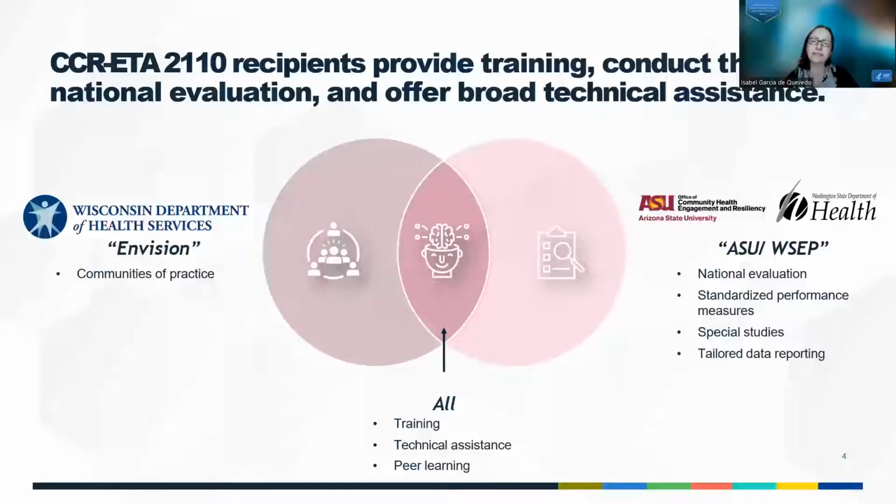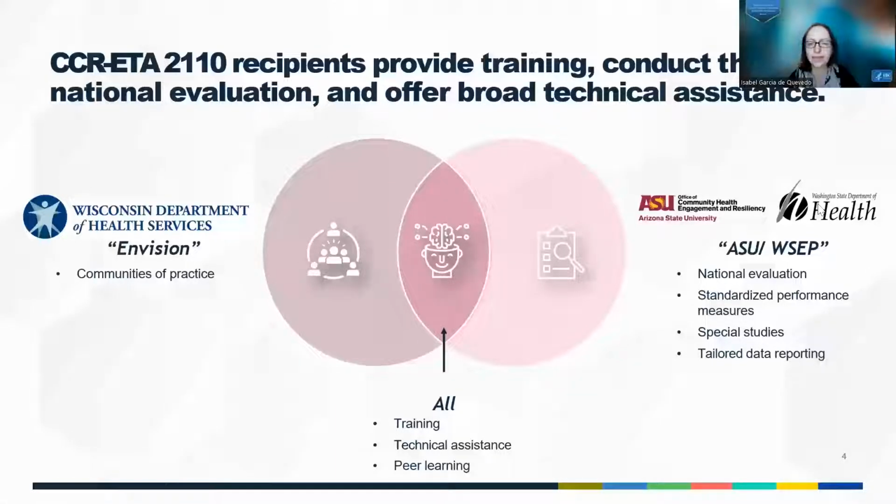And on this figure, you can see our 3 CCR evaluation and technical assistance recipients who are funded to provide 2109 recipients with programmatic and evaluation TA. So on the left, you see Wisconsin Department of Health Services and their partners, which are called Envision, and they provide support for training and program implementation topics.